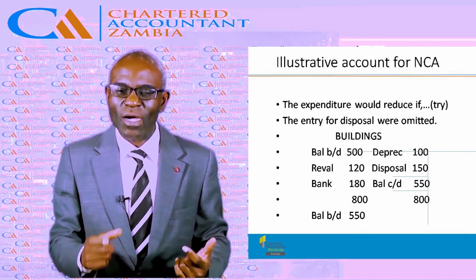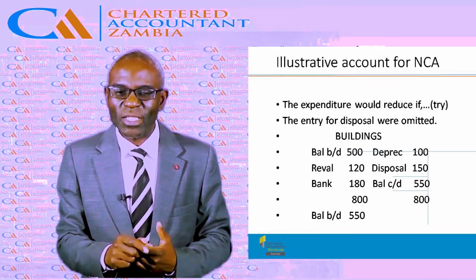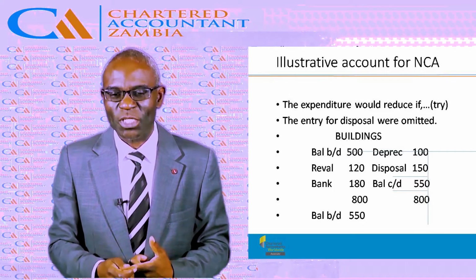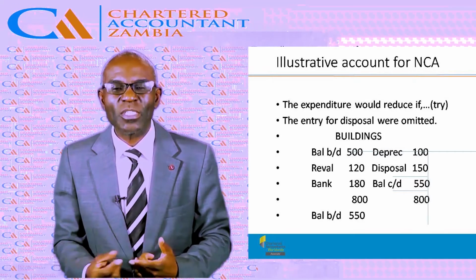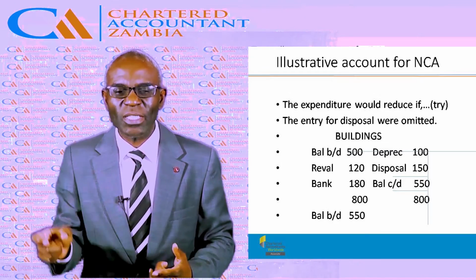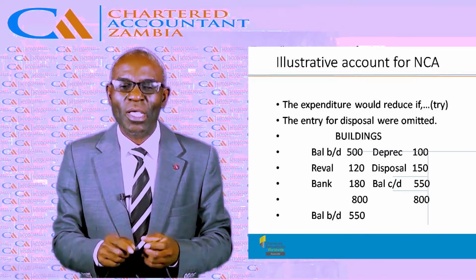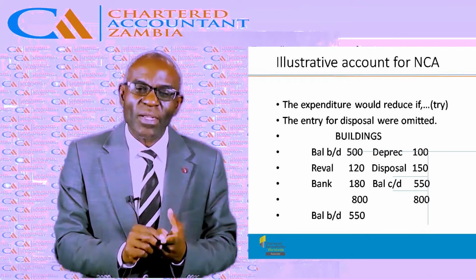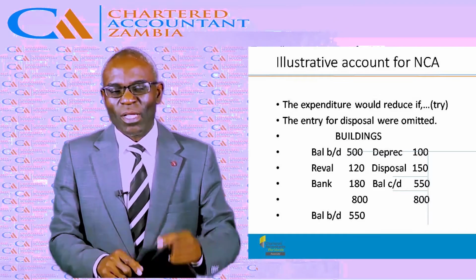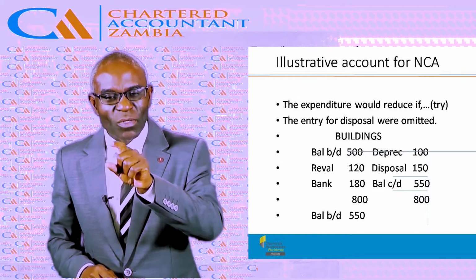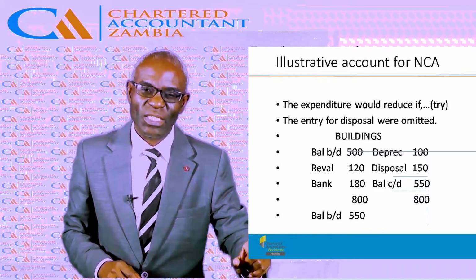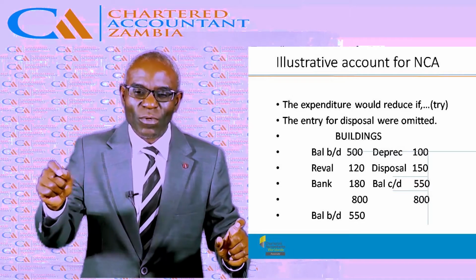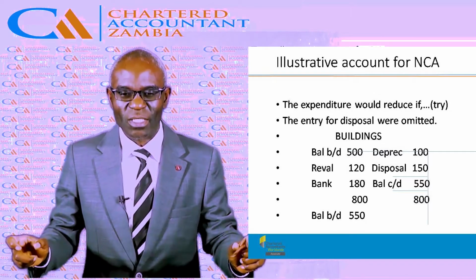Of course, the account shows which amounts are credited in respect of depreciation. Amounts going to a disposal account are also credited to the asset account. Meaning, when you are preparing a disposal account, those amounts which appeared on the credit side will be debited. Then the transfer from depreciation will be credited.